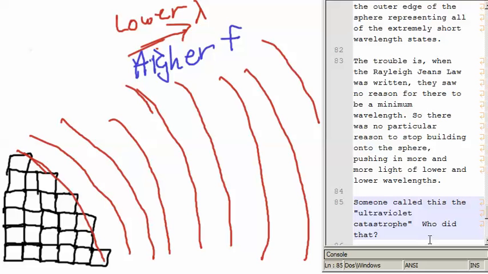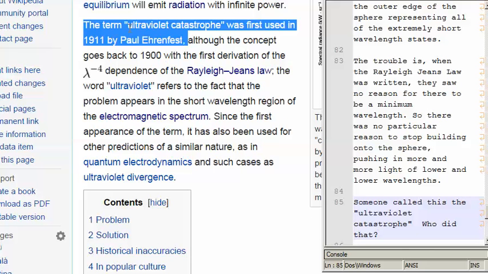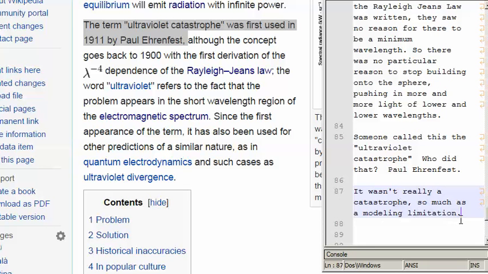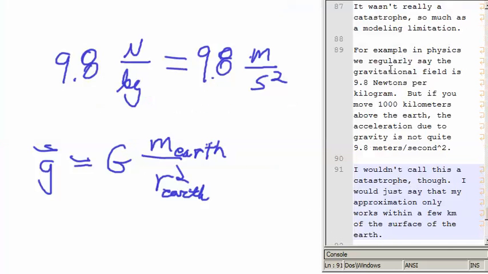Who did that? The term ultraviolet catastrophe was first used in 1911 by Paul Ehrenfest. I don't think it's really so much a catastrophe as a modeling limitation. For example, in physics, we regularly say the gravitational field is 9.8 newtons per kilogram, but if you move 1,000 kilometers above the Earth, the acceleration due to gravity is not quite 9.8 meters per second squared.